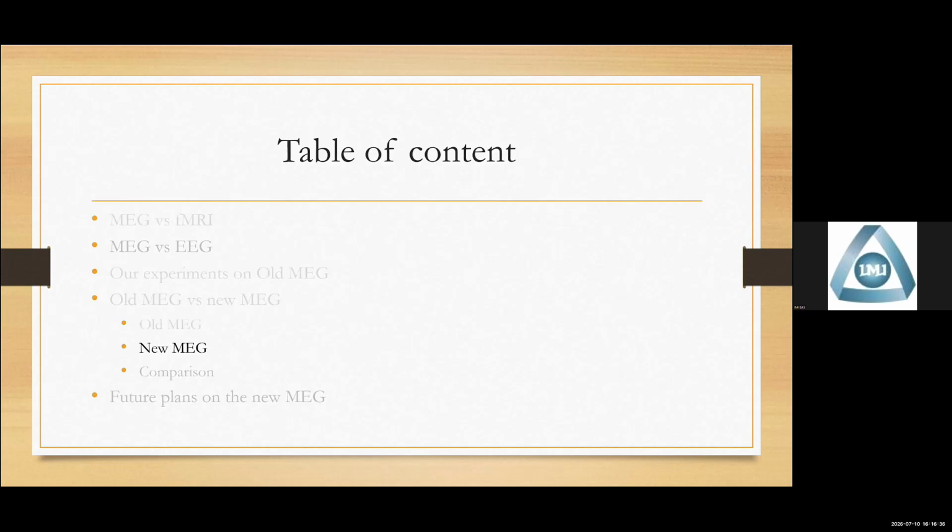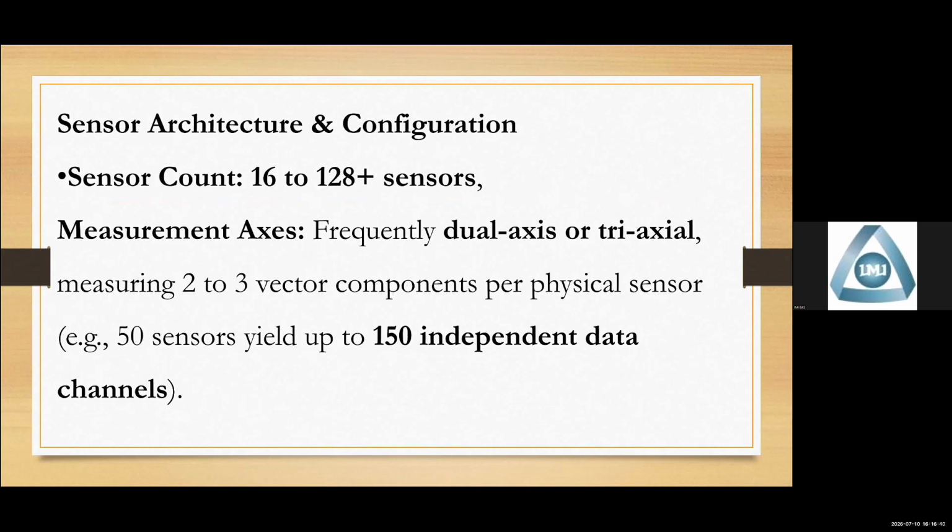Now, if we want to talk about the new MEG, it has a smaller sensor architecture and configuration. It has 16 to 128 sensors, but each sensor is dual axis or triaxial, measuring 2 to 3 vector components per physical sensor.